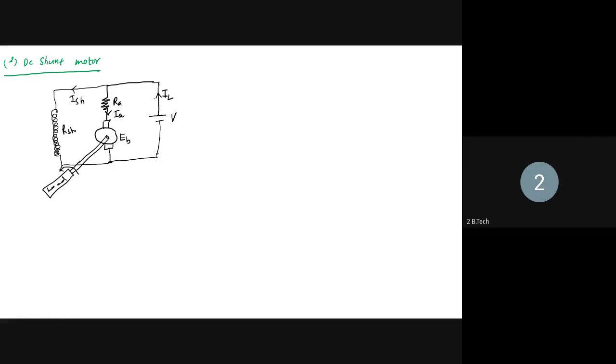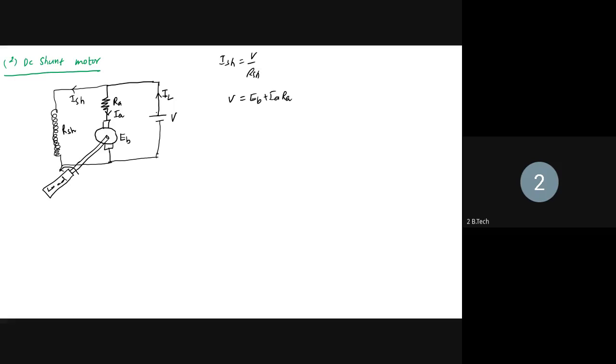If you write the shunt field current equation, ISH is equivalent to V divided by RSH, same as that of a generator, and the supply voltage V is equal to EB plus IA RA.